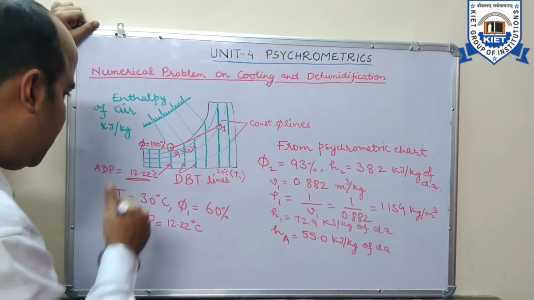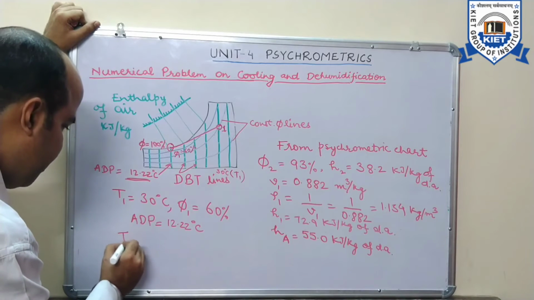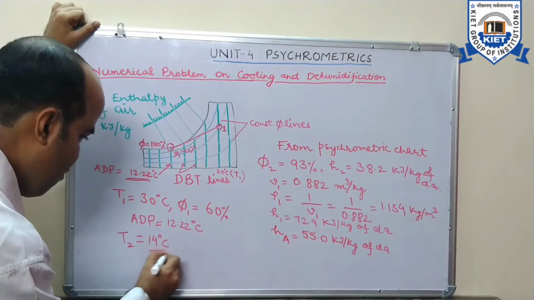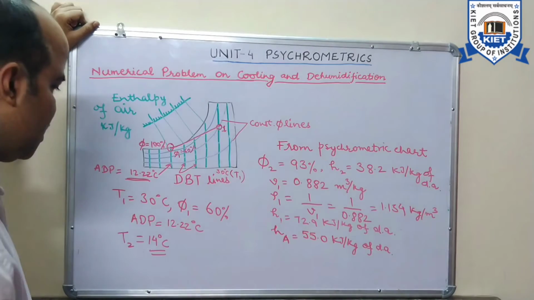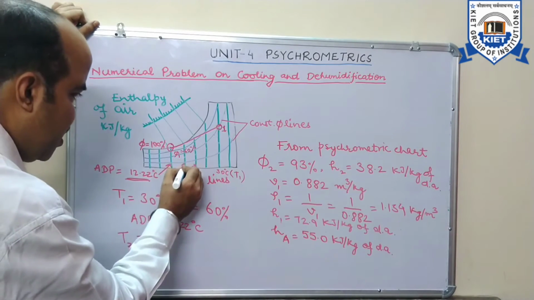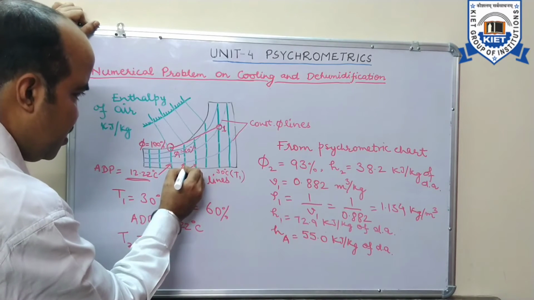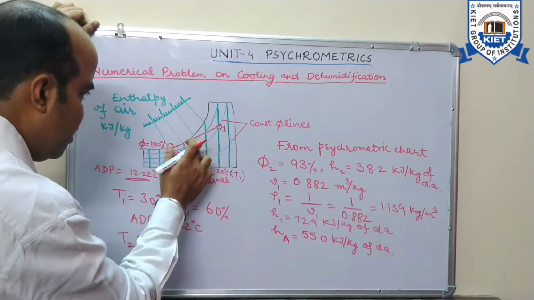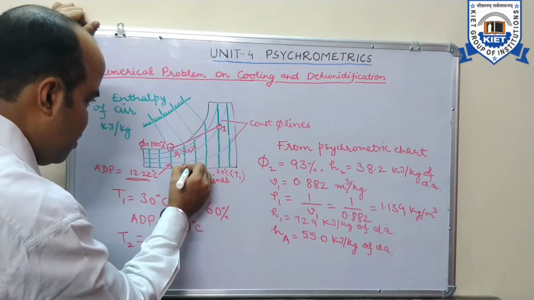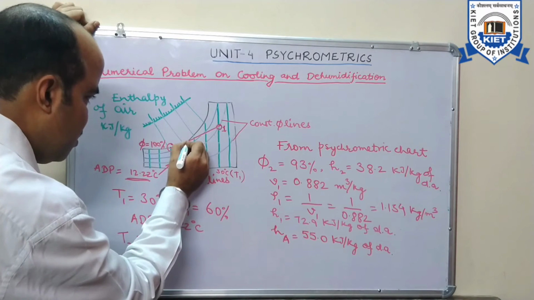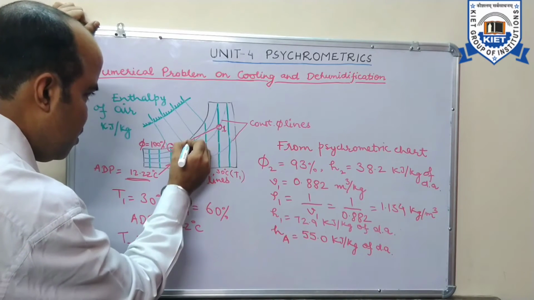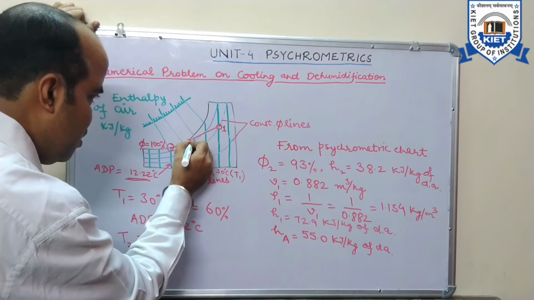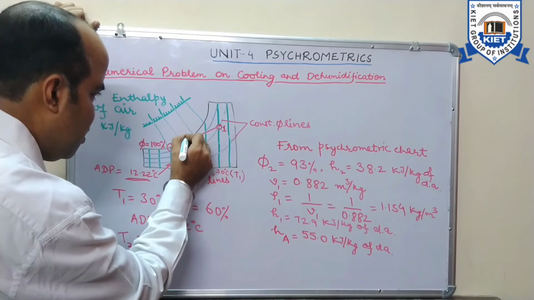Also remember that the dry bulb temperature T2 is given to us as 14 degrees Celsius. So if I take the 14 degrees Celsius line and draw a vertical line over here, let us say this is point number 2.